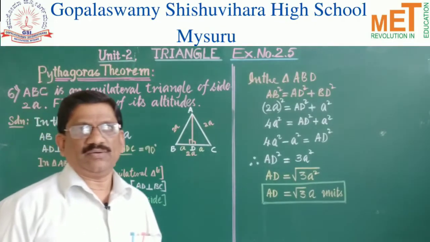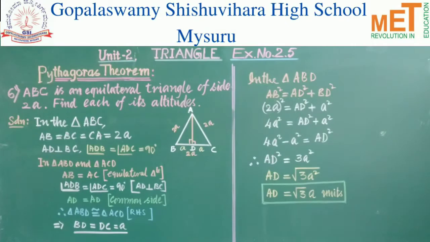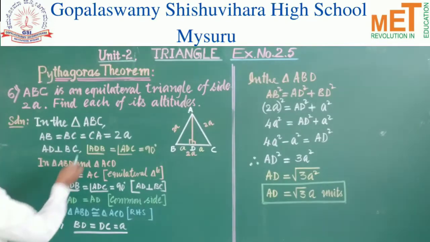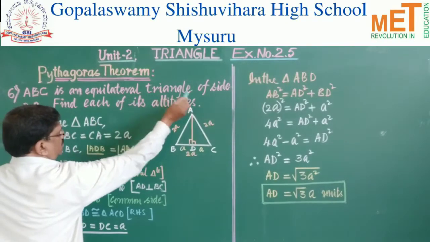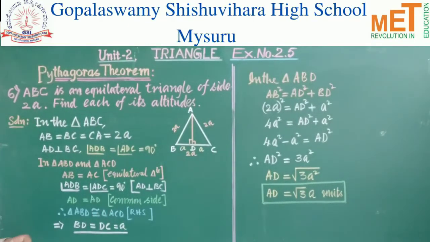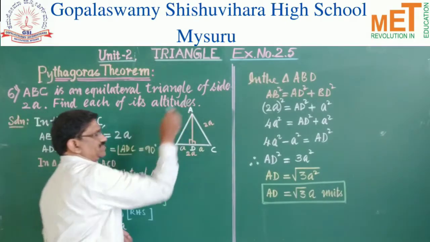Okay, now we shall take the next sum, that is the 6th sum in the exercise. You see, ABC is an equilateral triangle of side 2A units. Find each of its altitudes.